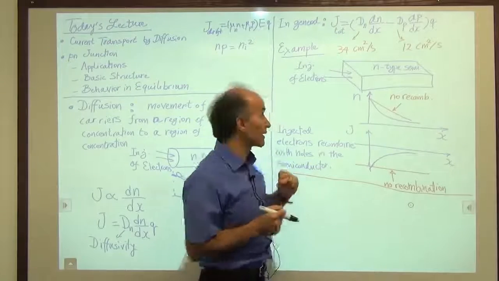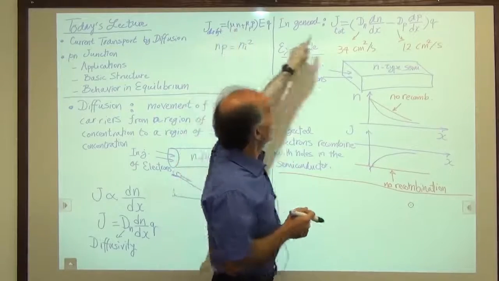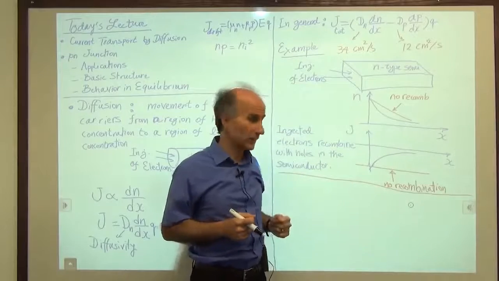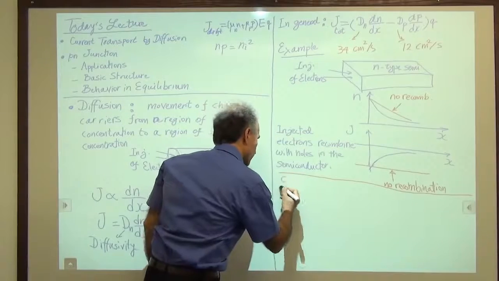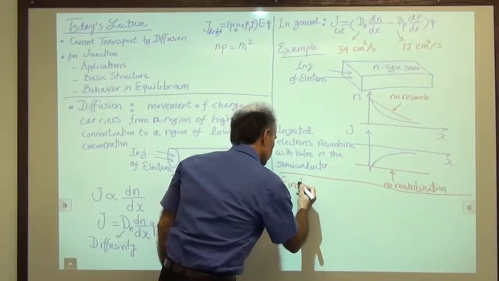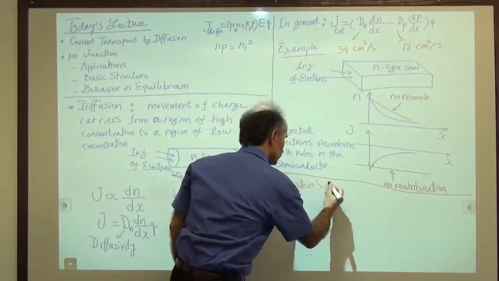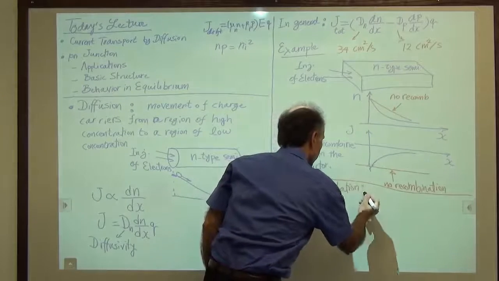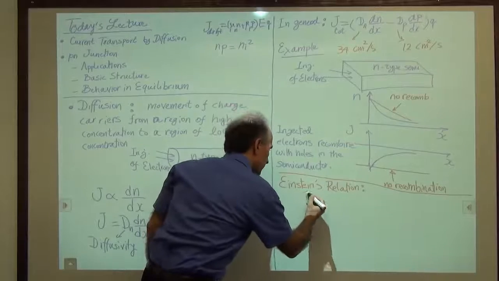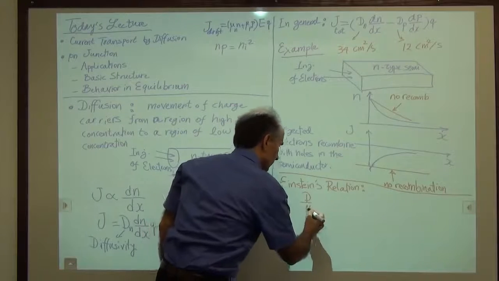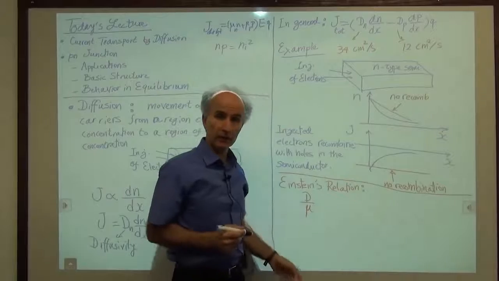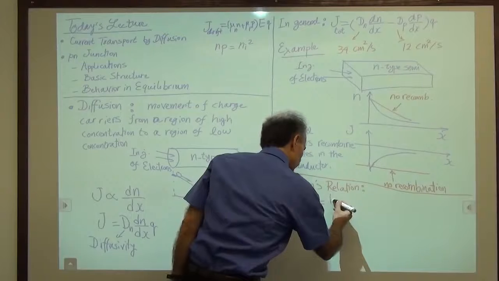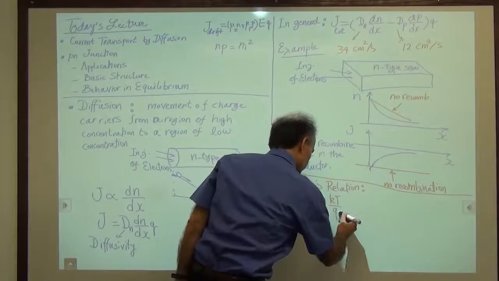But what's interesting is that there's actually a relationship between mobility and diffusivity, which we will use later on to simplify our equations. That is called Einstein's relation. Einstein's relation says that D over mu for a given type of carrier, electron or hole, is equal to kT over q.